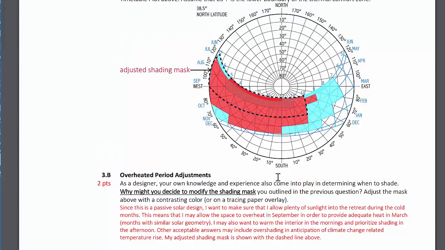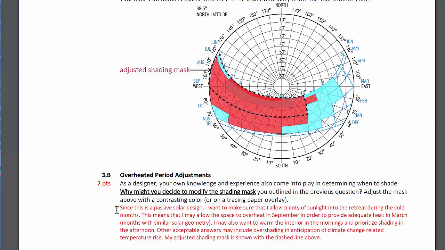So this is asking, you have the raw data, but based on your understanding of climate, your understanding maybe even of climate change, your understanding of the problem that's been given, that this is a passive solar heating condition where we actually want sunlight in this building in our cold months, which would be January, December, February, and November especially. It's asking you, does this overheated mask make sense given all those other considerations?